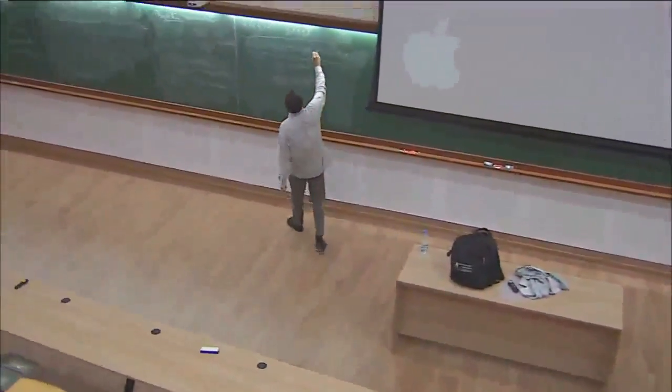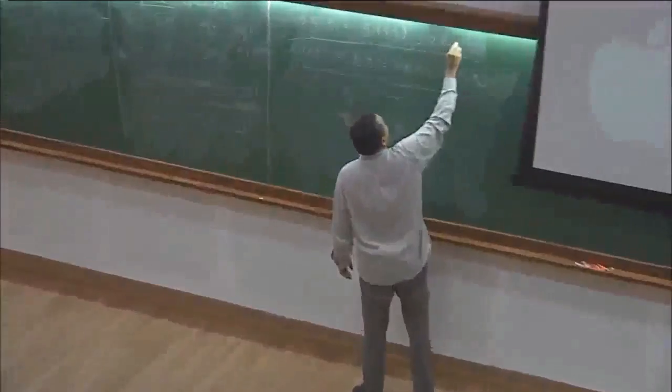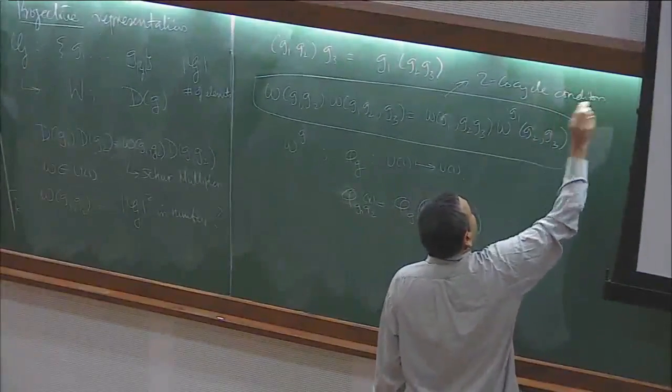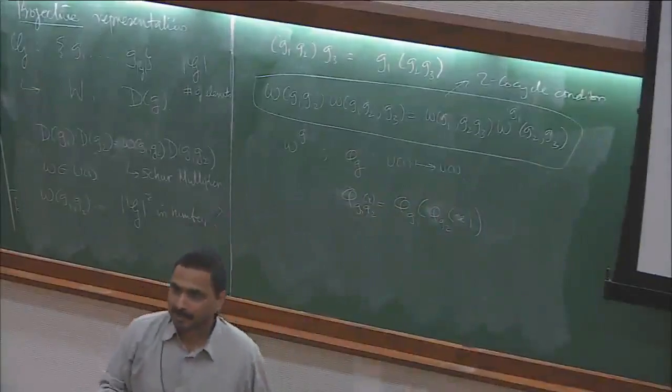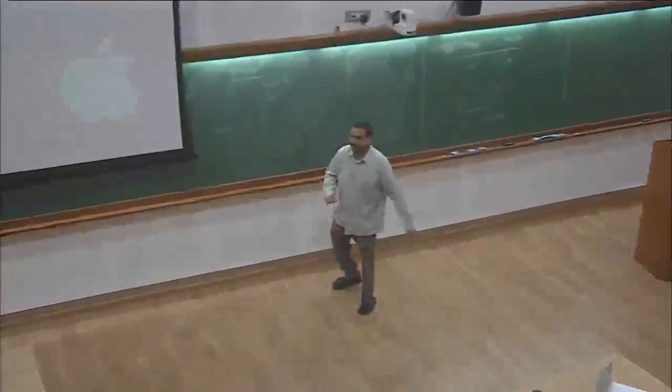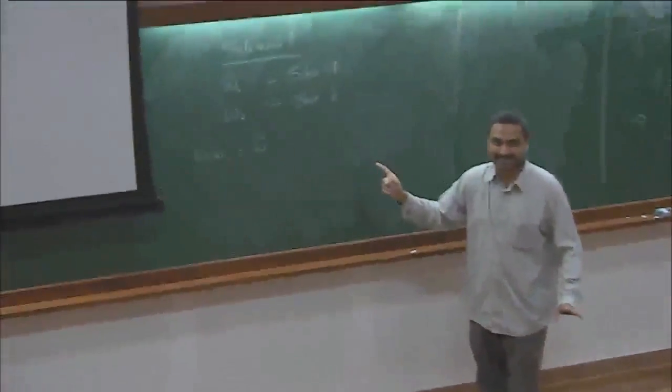By the way, this condition is called the co-cycle condition. It's called the 2 co-cycle condition. And there is a connection to geometry and things like that. So the product will be this.